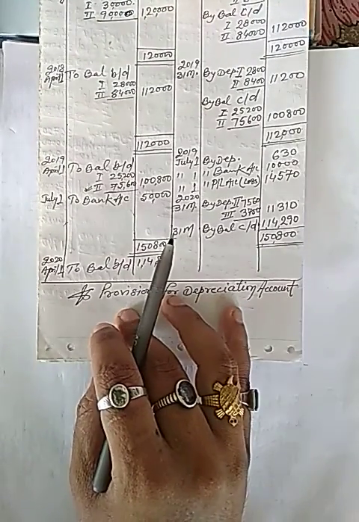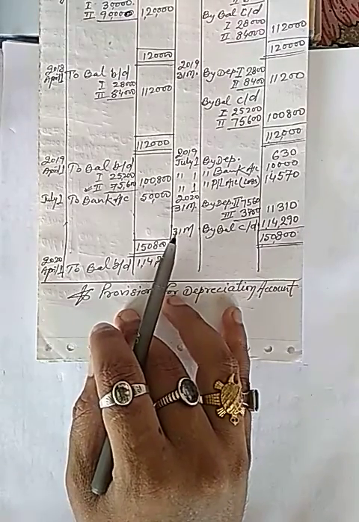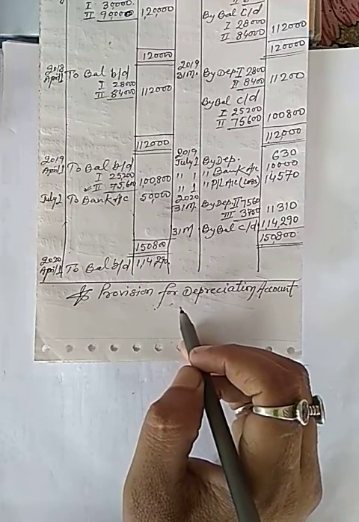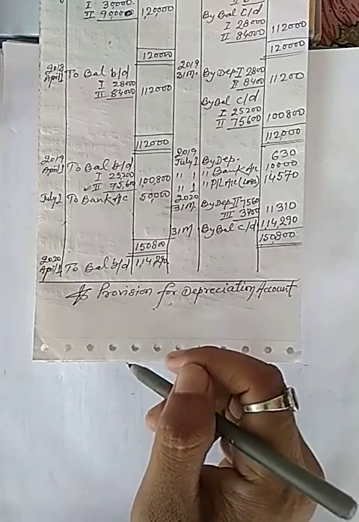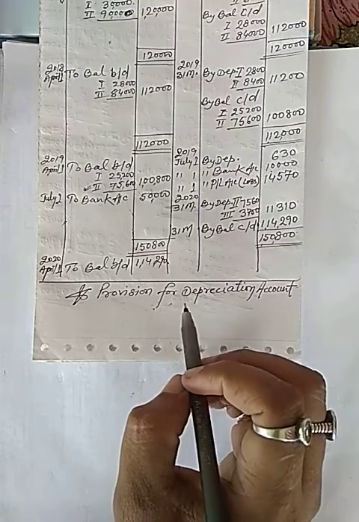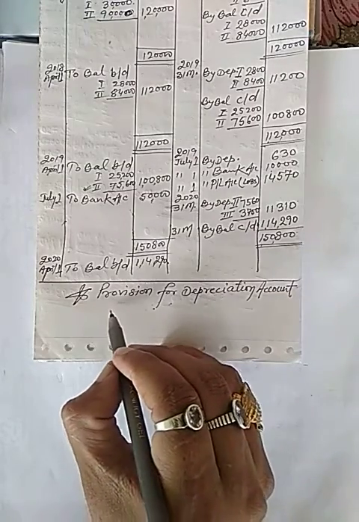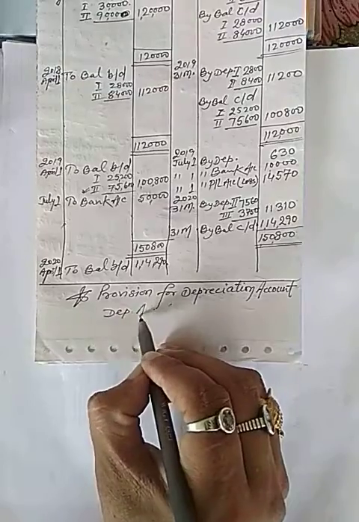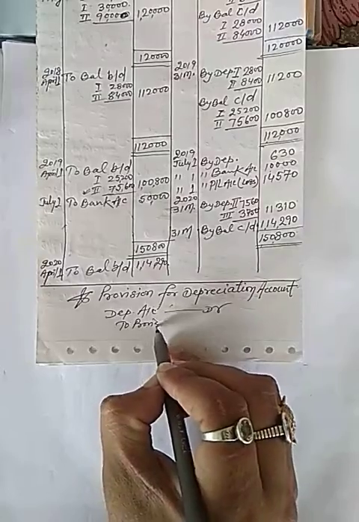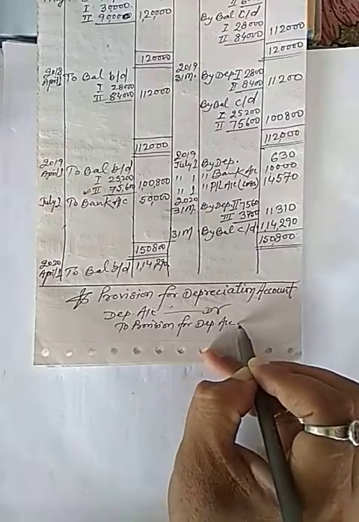The amount of depreciation on asset is provided for the period by debiting the depreciation account and by crediting the provision for depreciation account. It means journal entry will be depreciation account debit to provision for depreciation account will be credit.